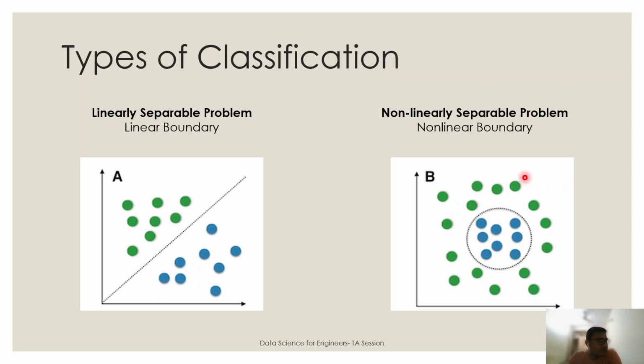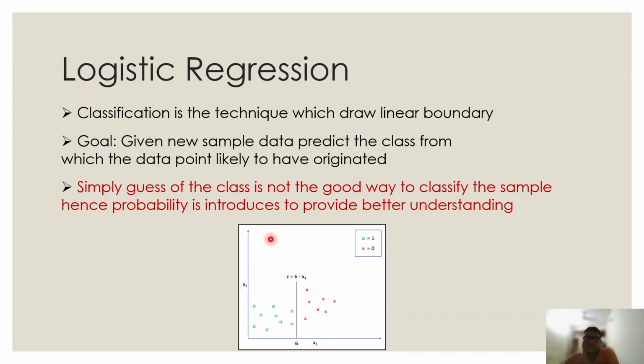If you get very non-linear data like this, then whatever line you draw here, here, or here, you are not able to divide the data into two portions. The best way is to draw a circle, which is a non-linear decision boundary. So here you can see linear and non-linear decision boundaries, which also helps you create a taxonomy in the classification problem.